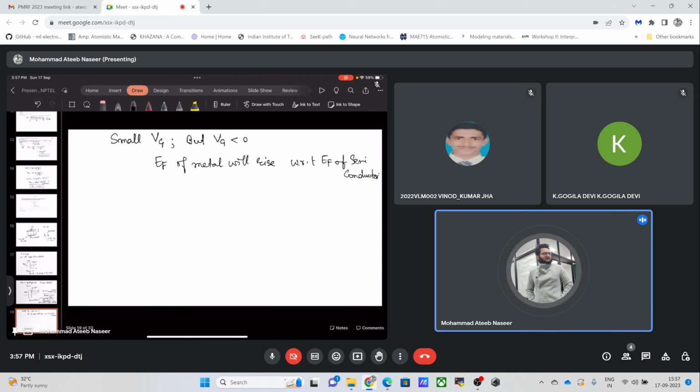Since Vg is negative and we are applying it to the gate, this repels the electrons, which are majority carriers in the n-type substrate, near the interface, and as a result positively charged donor sites will be exposed to our biasing conditions.